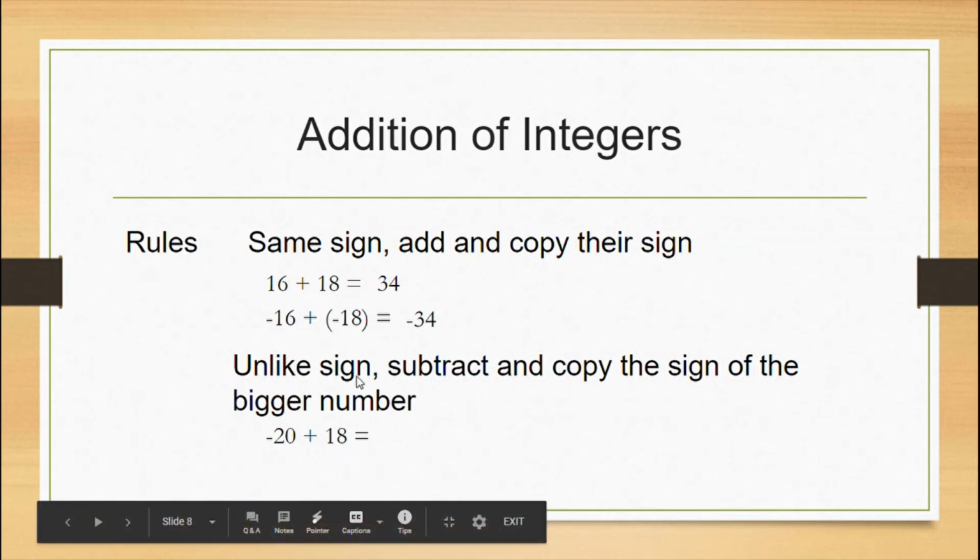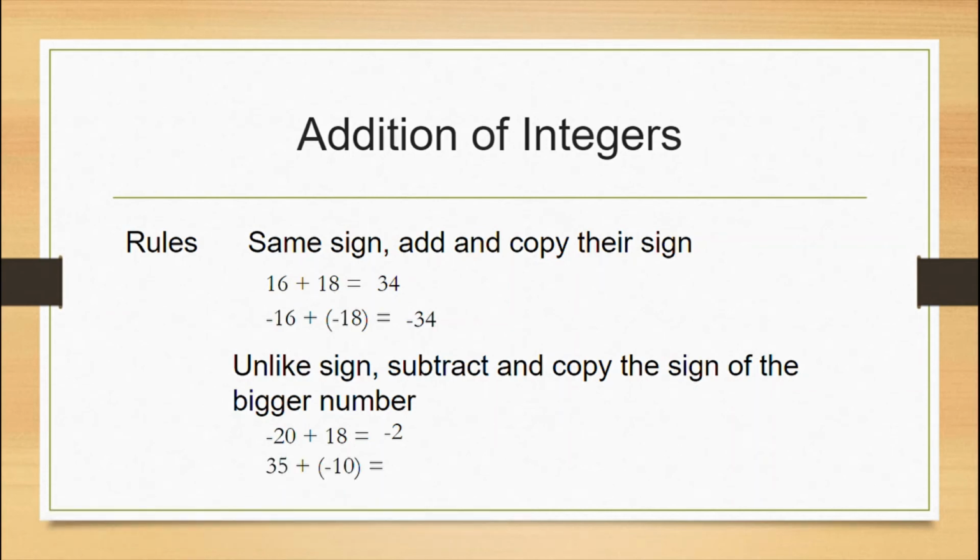Since they are unlike sign, then we're going to subtract. 20 minus 18 is 2. And what is the sign of the bigger number? Which one is bigger? 20 or 18? 20 is bigger than 18 and 20 is negative. So our answer is negative 2.